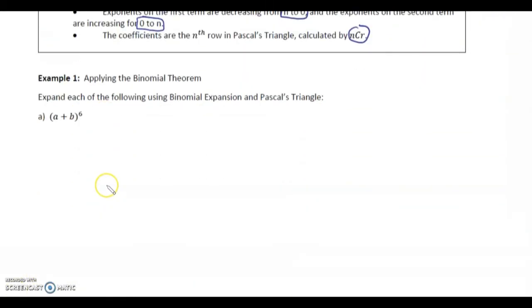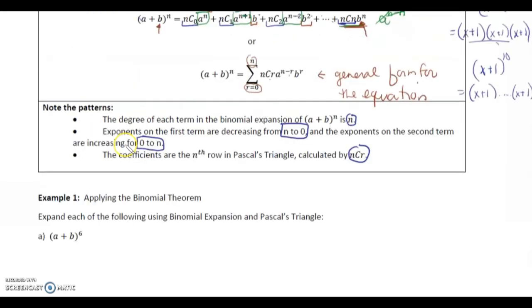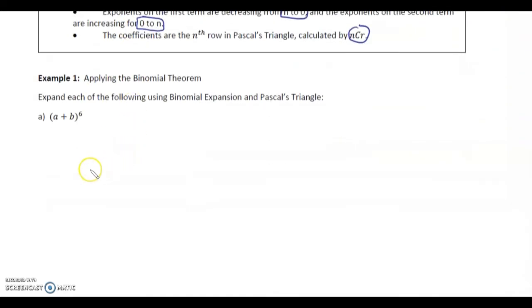For example 1, applying the binomial theorem: expand each of the following using binomial expansion and Pascal's triangle. I can leave this up here to show the expanding, but I'm just going to show you how to pattern. This exponent is our n value, so n equals 6. That means we're going to have 7 terms.